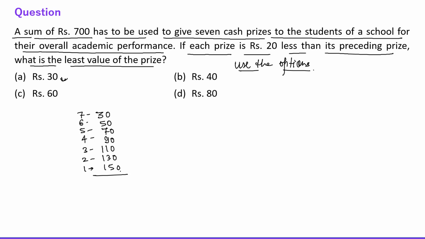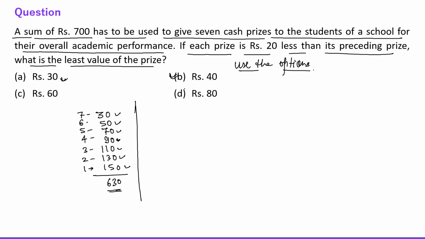Just add all of them, right? So this is 180, these two numbers 180, 180 and 180. So 180 into 3 is 540, 540 plus 90, this will be 630, right? Okay, so this is not the correct choice because the total sum is 700, right?